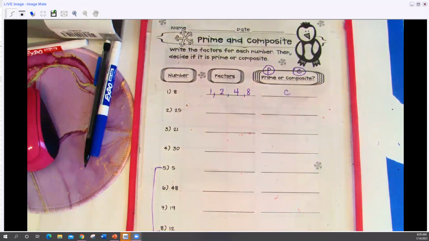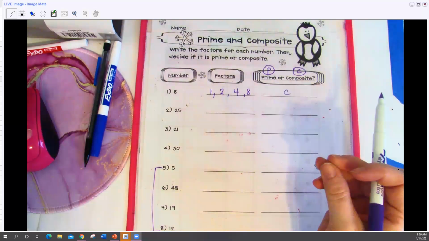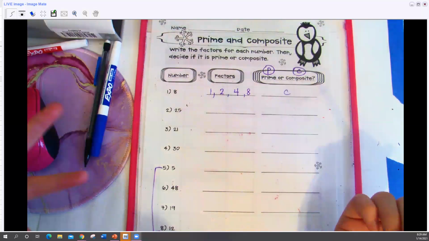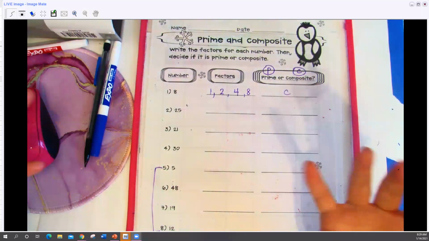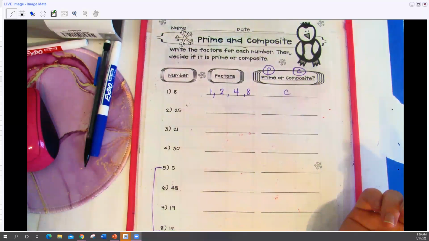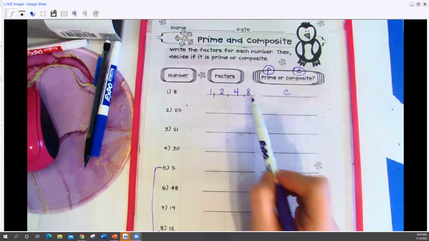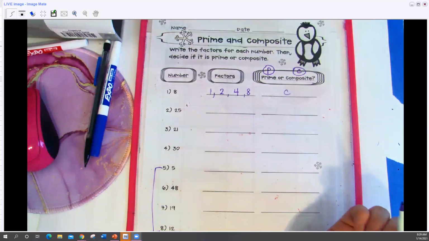One way that I like to think about it is the word composite is a long word. So it has more letters. It has more factors. Prime is a short word. It has a little bit of letters. They only have a little bit of factors. They have 2. There's more letters in composite. There's more factors in a composite number.